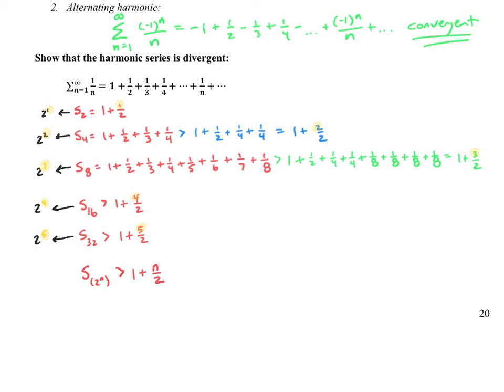Now remember, if we analyze the limit as n goes to infinity of the partial sum, so let's say in this case 1 plus n halves, if n is going to infinity, clearly we get a limiting value of infinity. We have this ever expanding value of 1 plus n over 2.